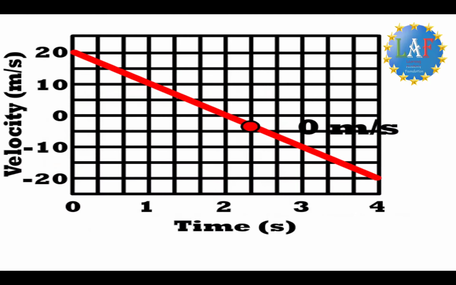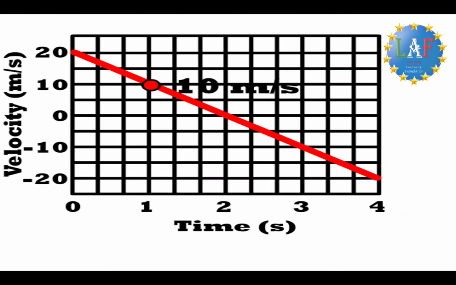Or a car goes from 20 to negative 20 in 4 seconds. So this is deceleration because it's going from a higher velocity to a lower velocity.